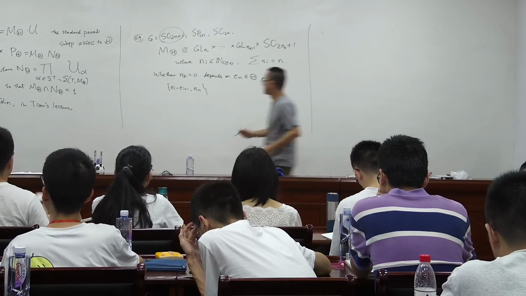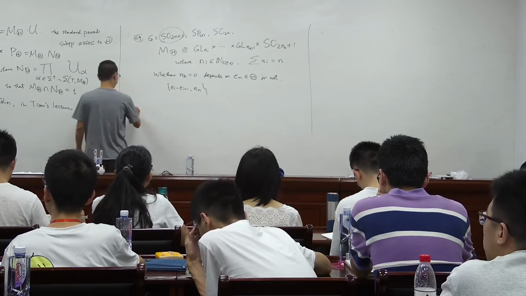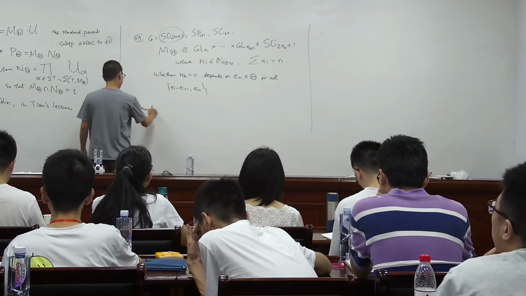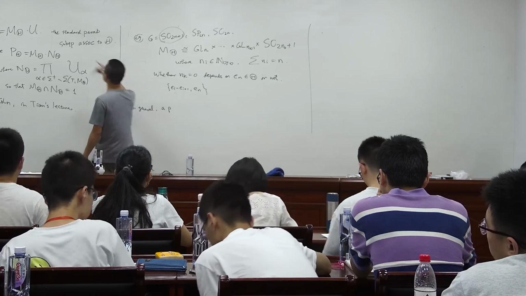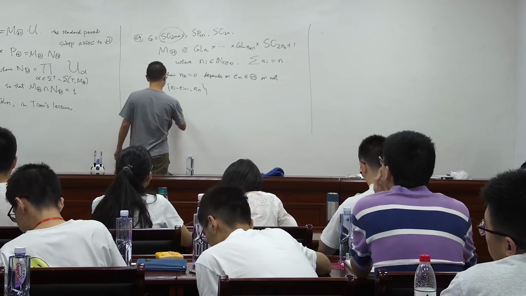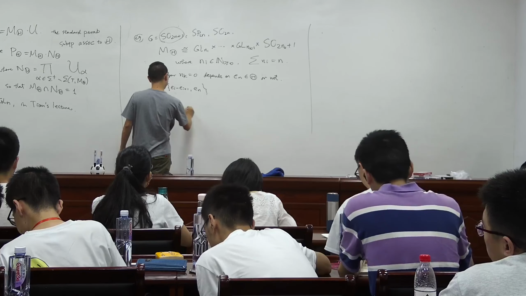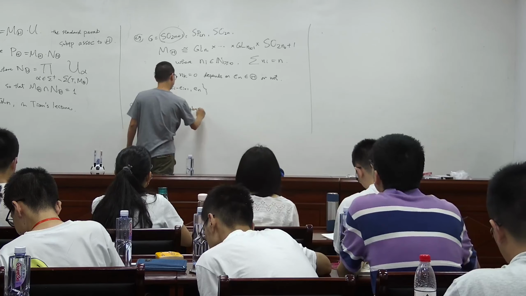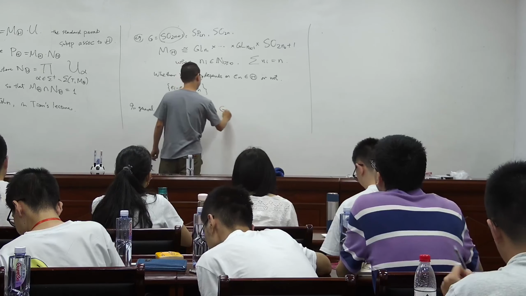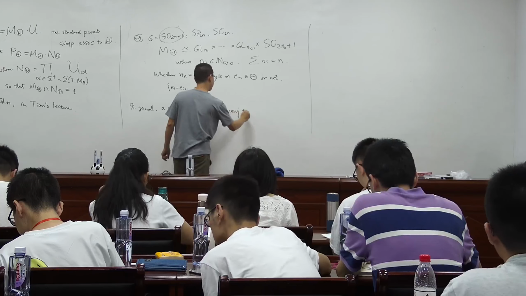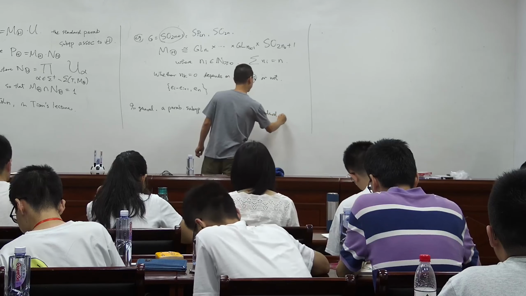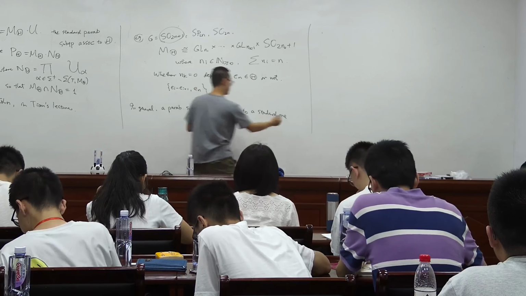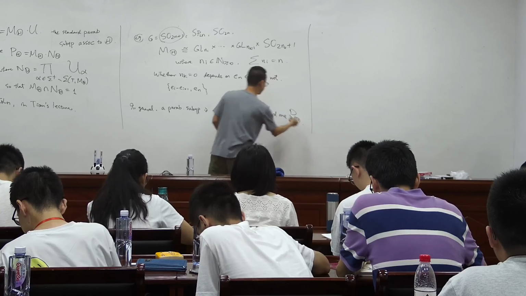So I should say in general, a parabolic subgroup is a G-conjugate to a standard one, any of these P theta.